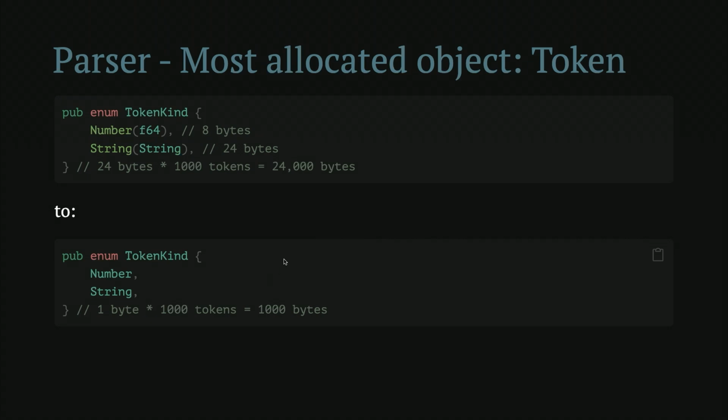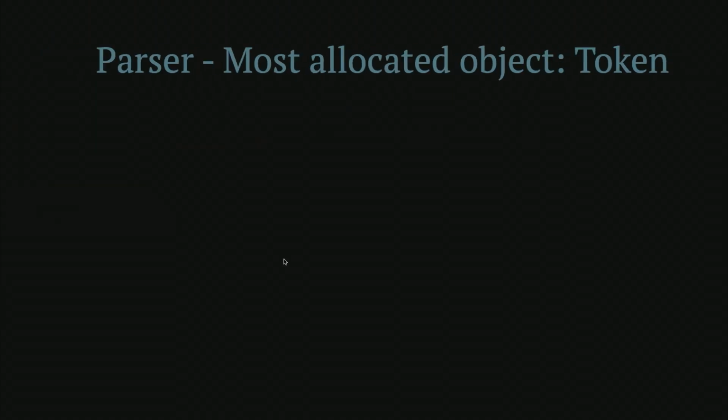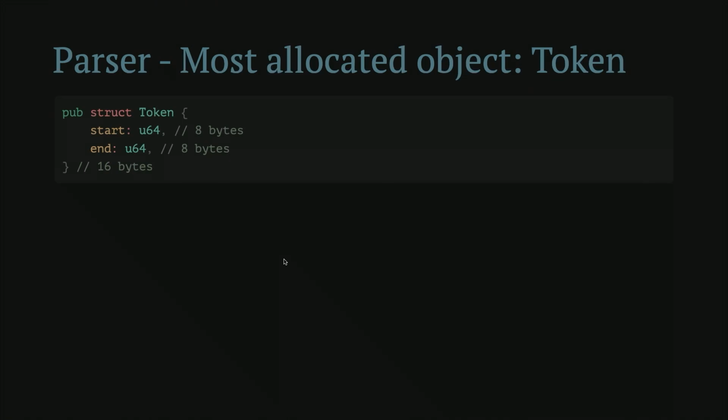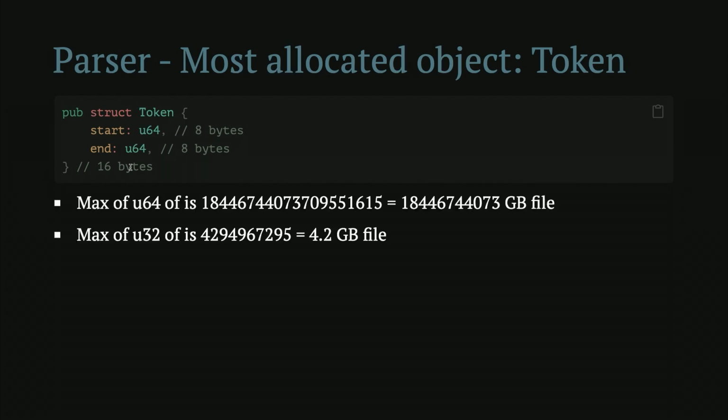So this will make the program faster. And in the token, there's also a start position and end position. In JavaScript, all you do is use a number. But in Rust, you can say it's an unsigned 64-bit number, and that will be 8 bytes each, so 16 bytes. In a typical JavaScript program, declaring the start and end position in the source text as 64-bit would allow for a huge file. This is not reasonable.